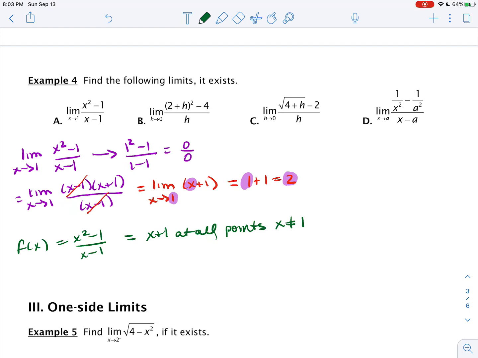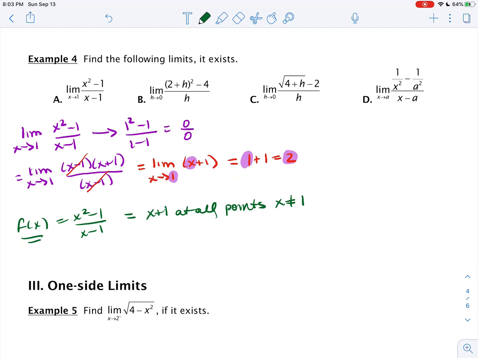So you can't have x equal to 1 in f of x. The way that it is written, it is telling you that x equal to 1 doesn't have an output.